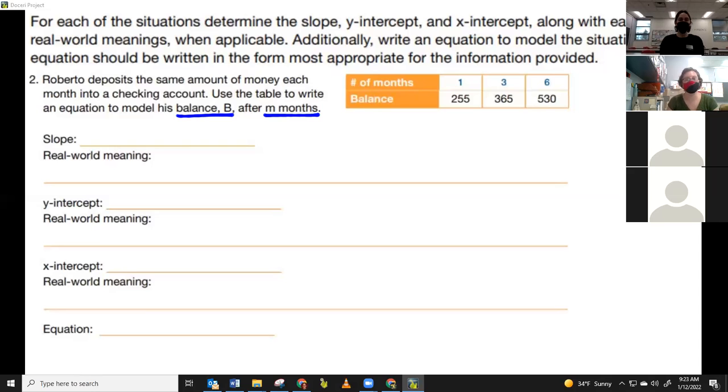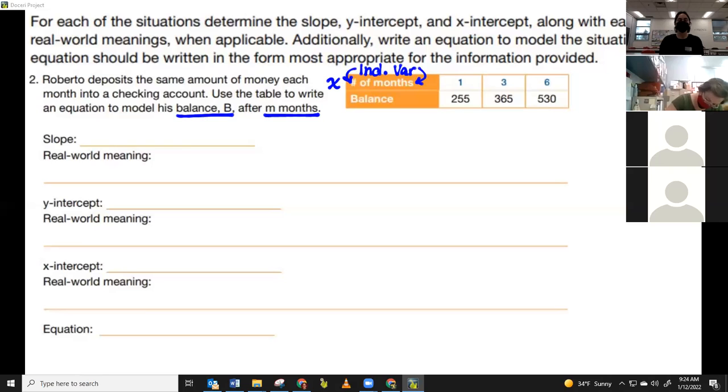Looking at the table, since I have that to kind of go off of here, what do they want my independent variable to be? What do they want the X variable to be? Do they want it to be M for months or B for balance? Which one is the independent? Number of months. This is my independent variable right here.